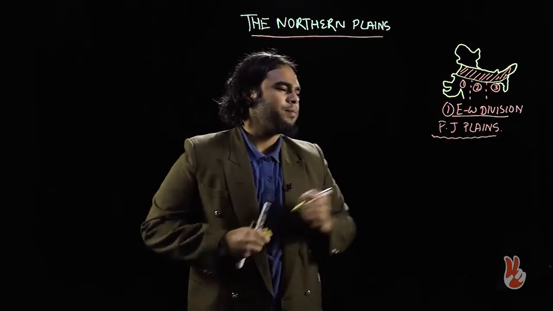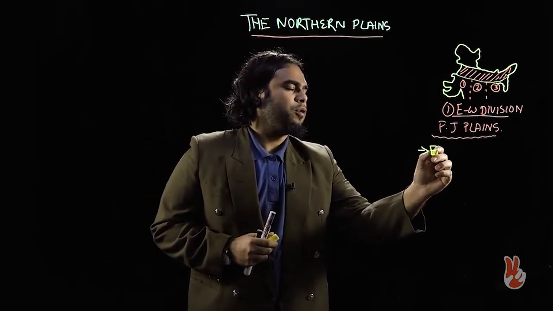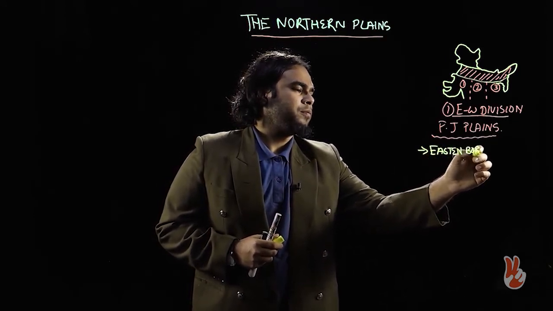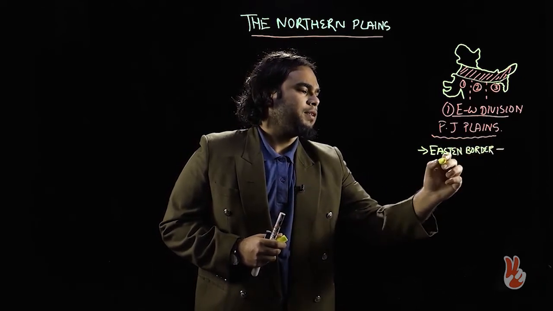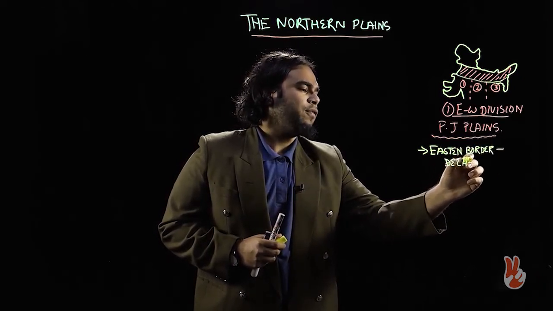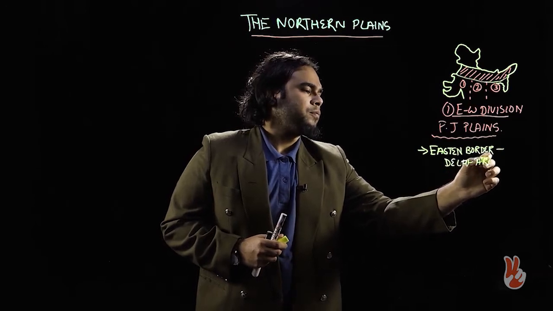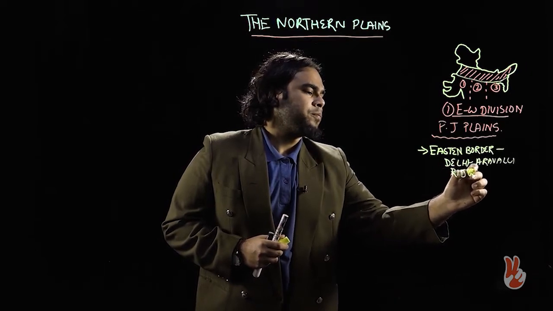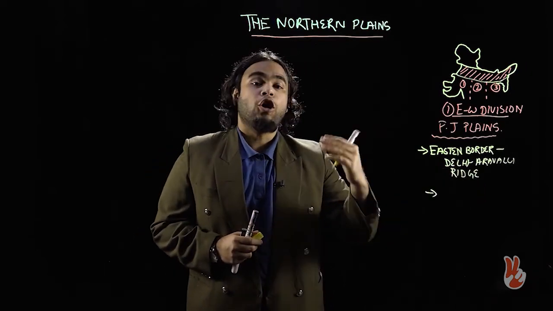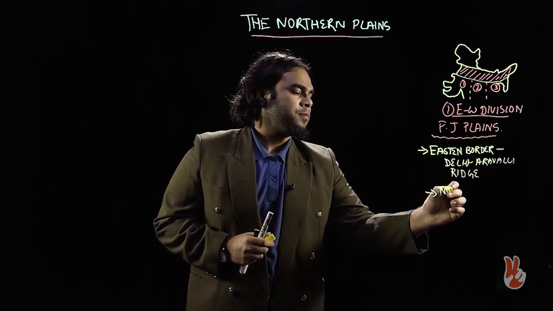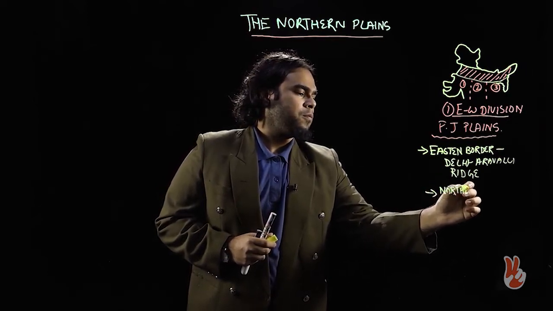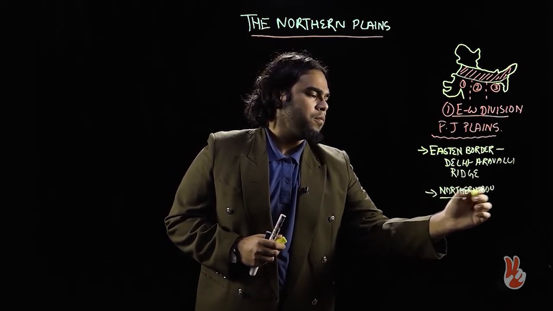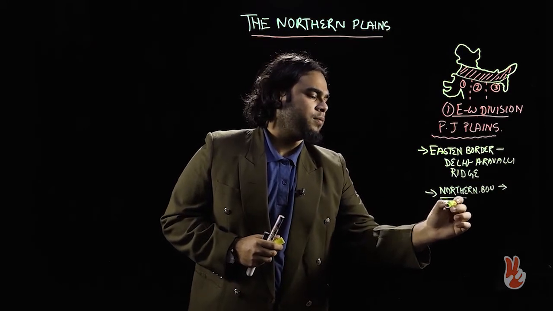This Punjab Plain has its eastern border as the Delhi Aravali Ridge. Okay. Next, your northern boundary will be your Shivaliks.